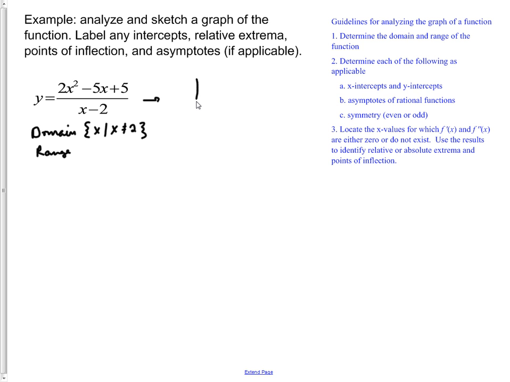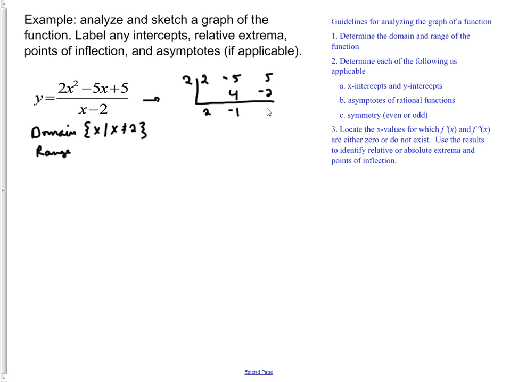Remember, the way we would set up our synthetic division is that we would put x minus 2 equals 0, so 2 goes on the outside of that synthetic division setup. We're going to have 2, negative 5, and positive 5 as our coefficients inside of our table here. We're going to just bring down the first number, 2, multiply that by 2, add down the column, negative 5 plus 4 gives us negative 1. Multiply 2 times negative 1, that's going to give us negative 2.